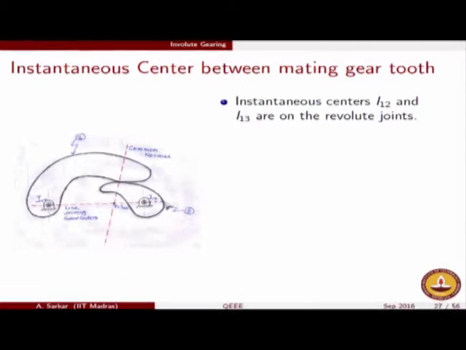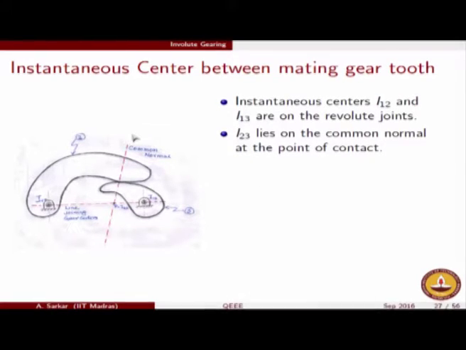Body 2 and body 3 are both fixed to the frame with the help of revolute joints. So the location of the revolute joint is exactly the instantaneous center of body 2 with respect to body 1, and similarly body 3 with respect to body 1. Accordingly the instantaneous centers are marked in this diagram as I12 and I13.